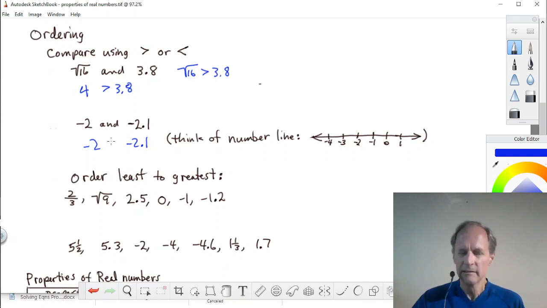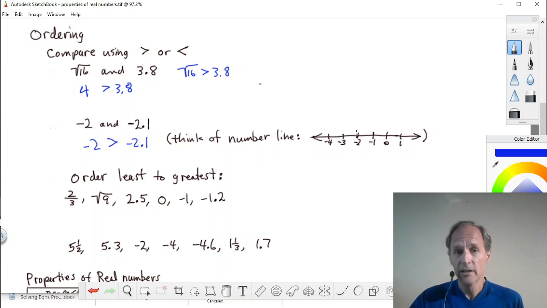Okay. It's actually greater than. So you think of a number line, and the number line has negative numbers and positive numbers. The one that's the farthest to the right is greater.